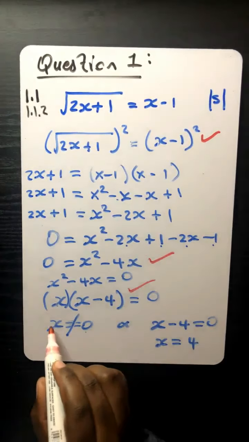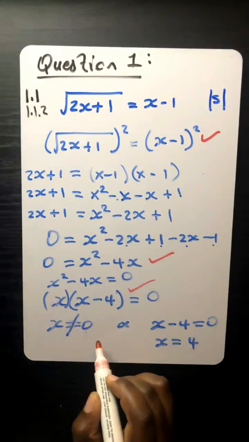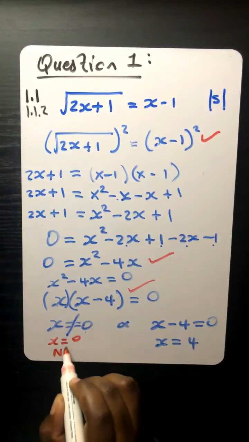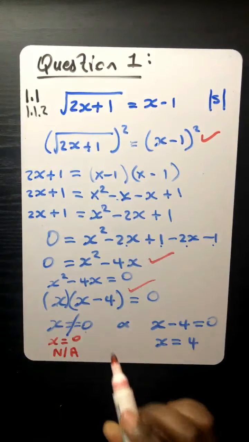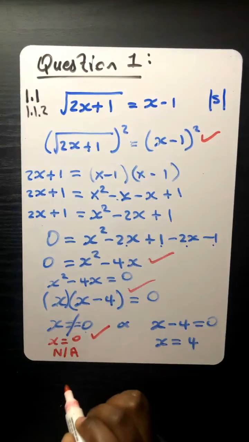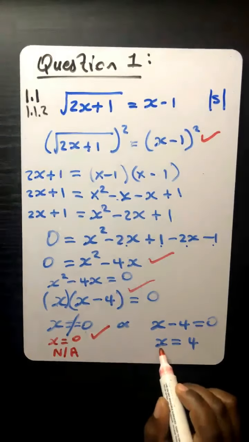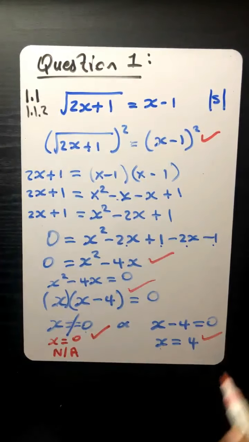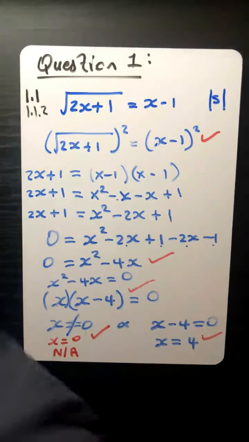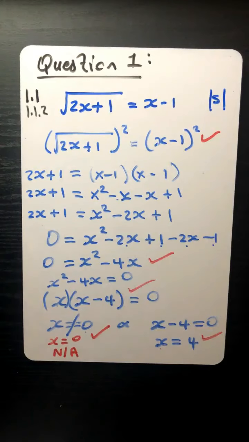For you to say x is not equals to, or writing it as x is equals to 0 and say not applicable, I'm still going to give you a mark for that. I doubt I'm going to give you a mark if you just say x is equals to 0. For you to say x is equals to 4, I'm going to give you a mark. So that is how you score yourself full 5 marks.